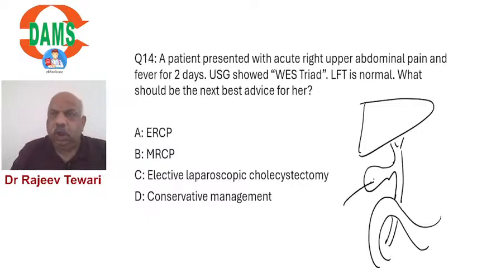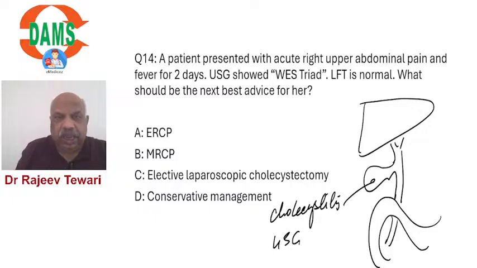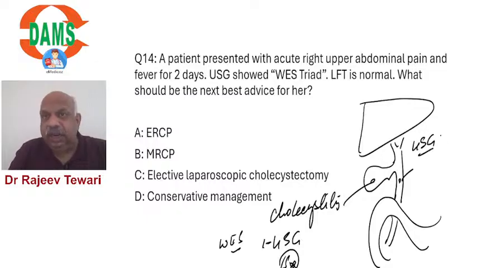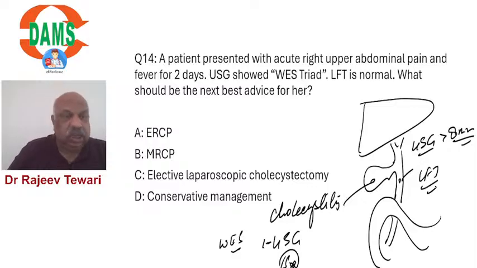for a case of gallstone which presents with cholecystitis diagnosed by ultrasound, which may show Wall-Echo-Shadow triad, treated by cholecystectomy, we don't order any other investigation. But when the stone goes in the CBD, how do we get the hint? How do we get the doubt? Number one, ultrasound showing dilated CBD more than 8 millimeter, or LFT showing obstructive jaundice in which alkaline phosphatase will be high, direct bilirubin high, then we order MRCP.